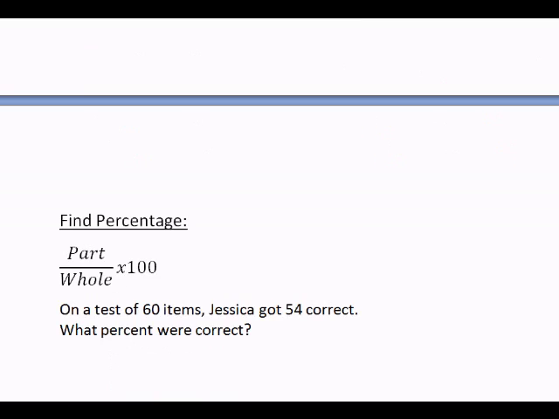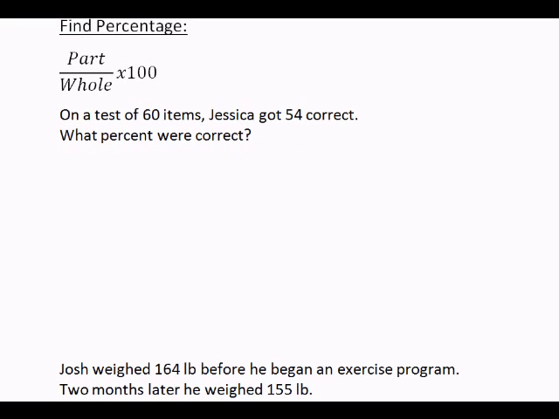Okay, another percent problem is if you're just trying to find the percentage that they're asking. So when we use this formula here, we always have on the top the part of the amount that we're talking about and the whole of the amount.